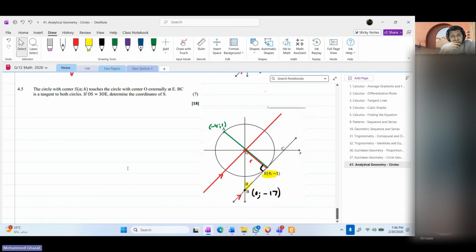A circle with center S touches the circle with center O externally at E. Let me draw another diagram.